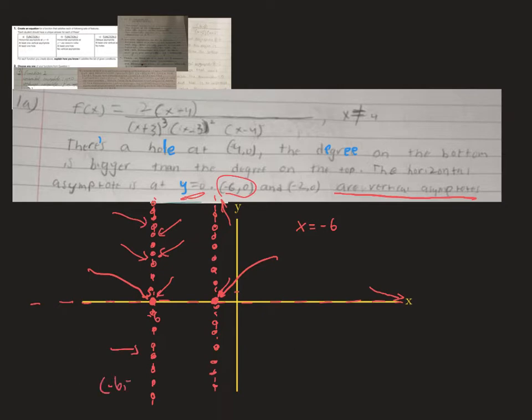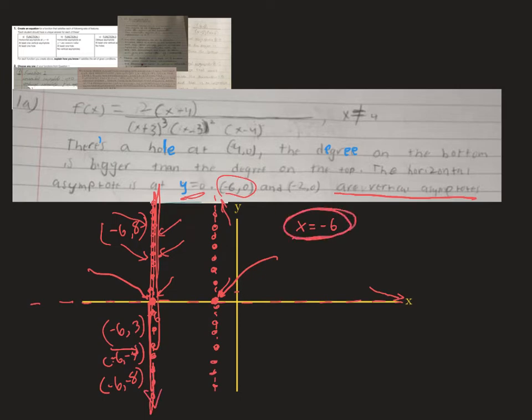This is (-6, -8). Up here is (-6, -7), (-6, -3) here, (-6, +8). All of these points have -6 in them. So the proper way to describe that asymptote is x equals -6, not (-6, 0).